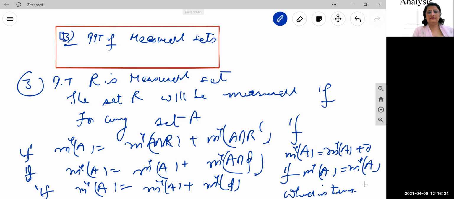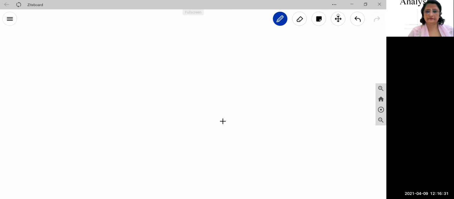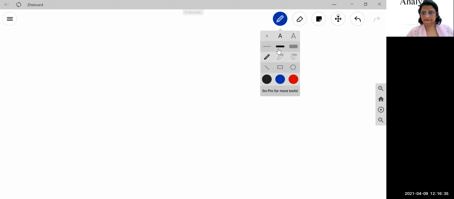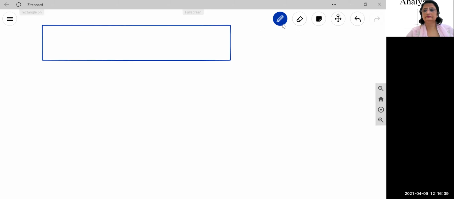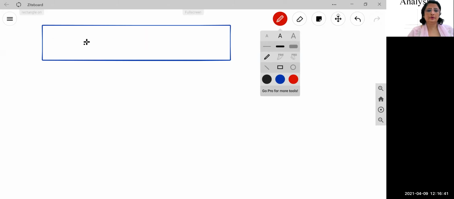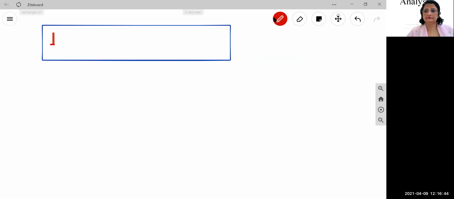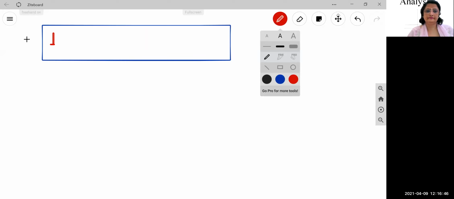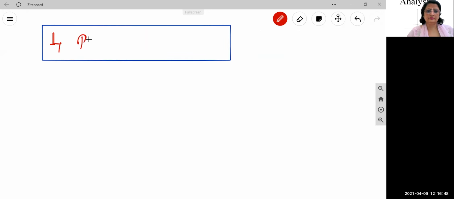So next property we will do property number 4. Property number 4. Properties of measurable sets.